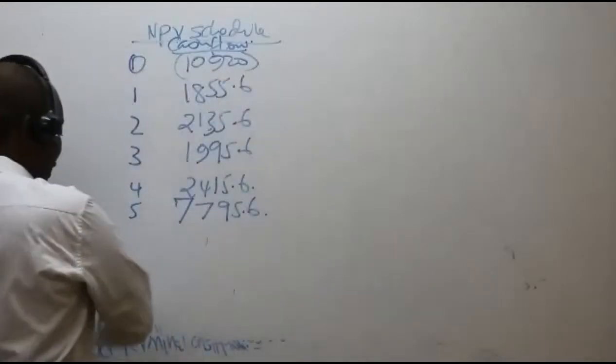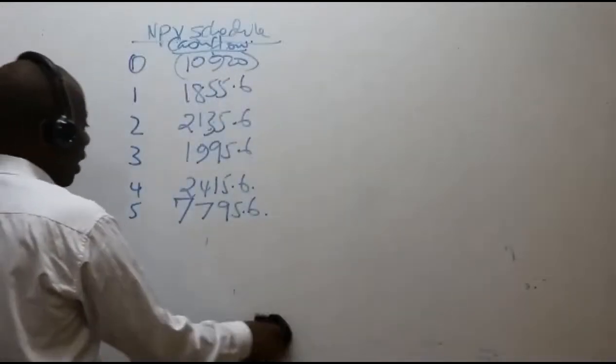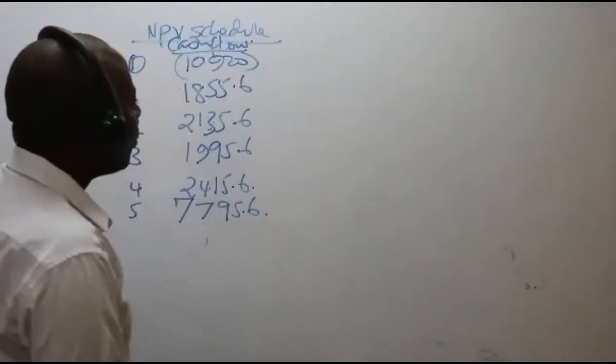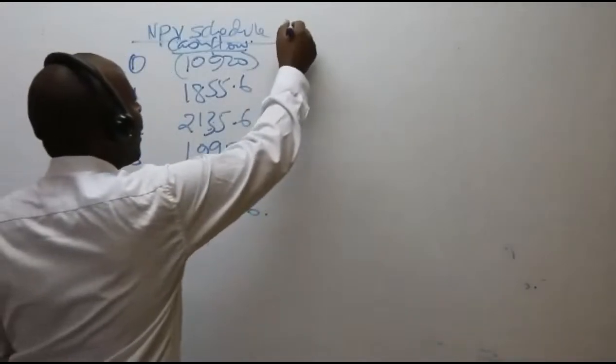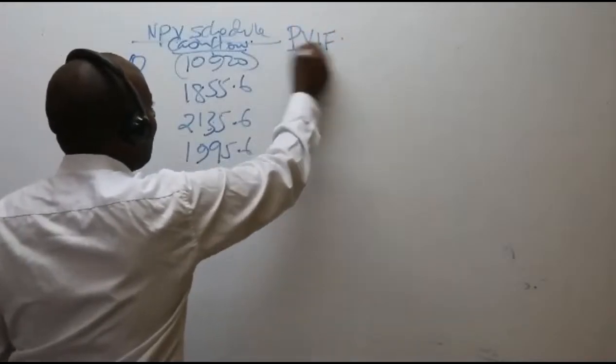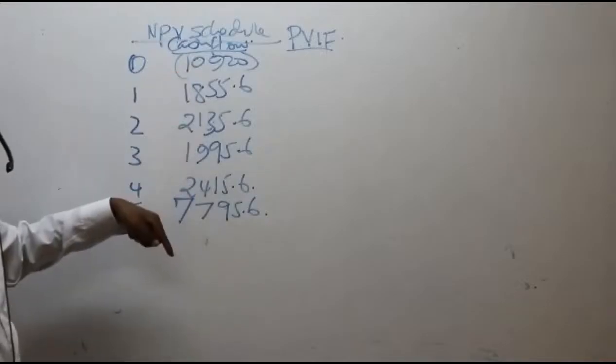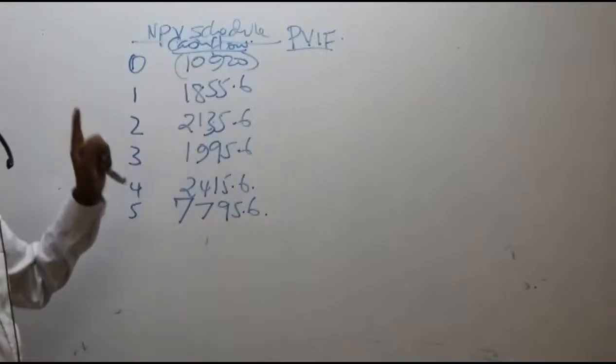Now, ladies and gentlemen, after that, what do we do? Come right away here and discount. We are discounting using the PVF, because you can see these cash flows are irregular, so we use the present value interest factor.